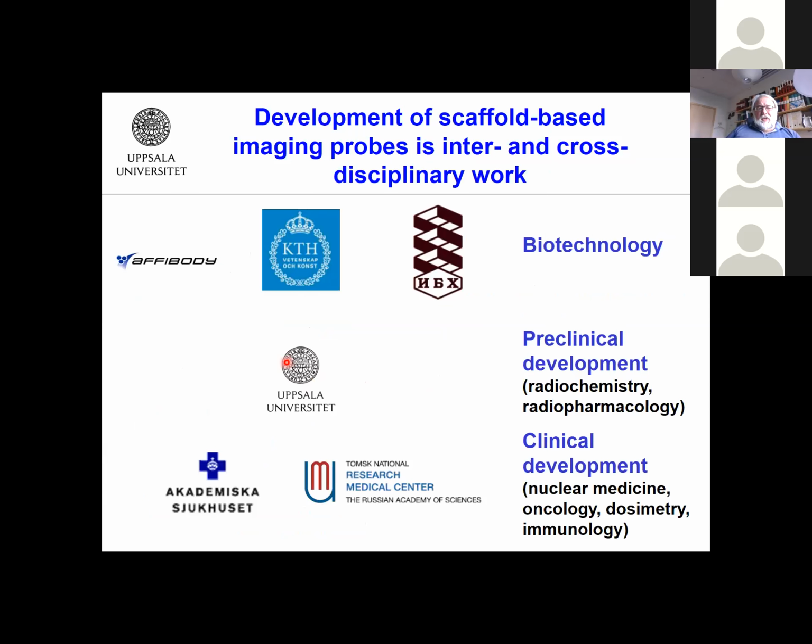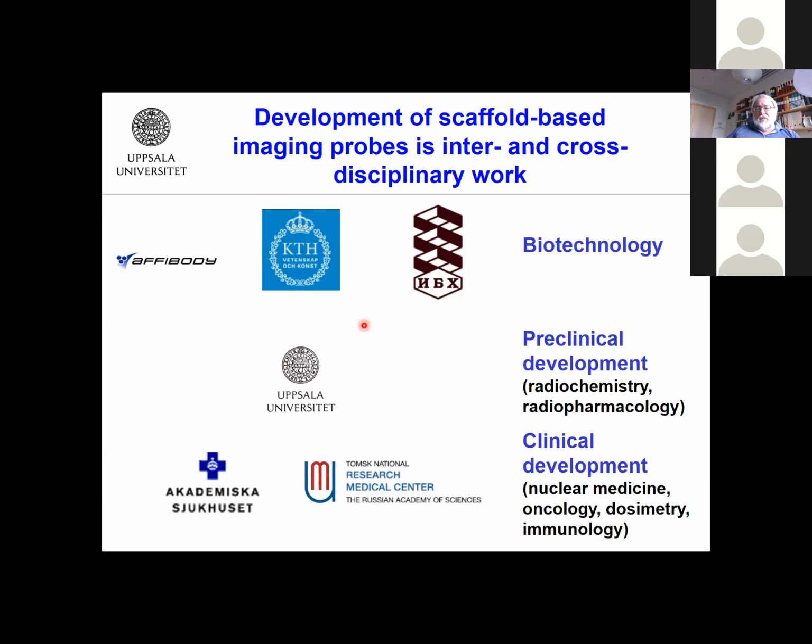And we have to remember that it's interdisciplinary, cross-disciplinary work which requires multiple researchers with very different competence who manage to establish a common language and proceed from biotechnology to clinics.